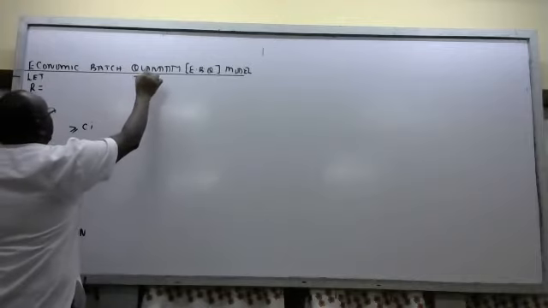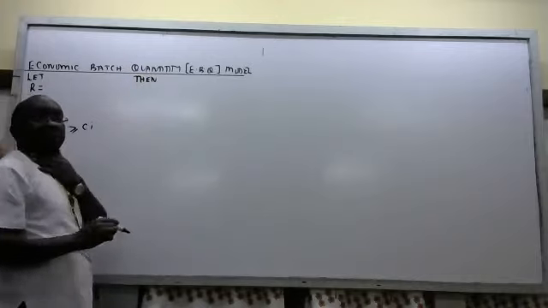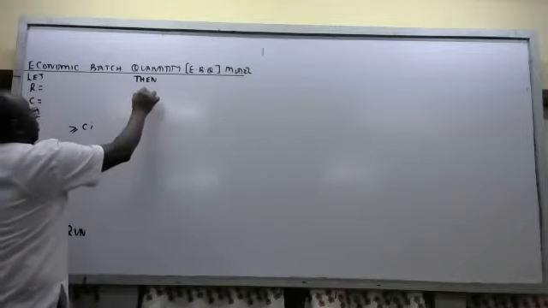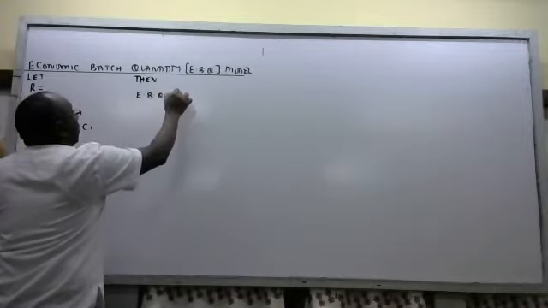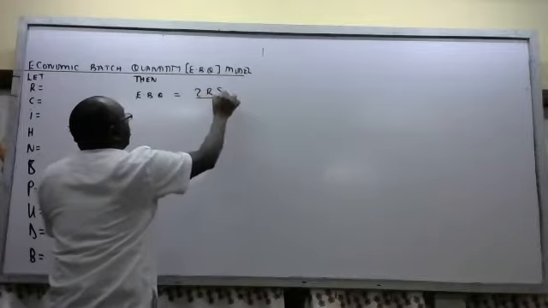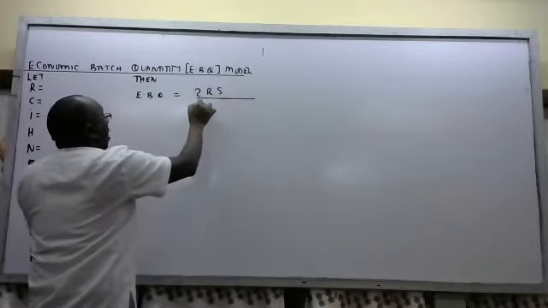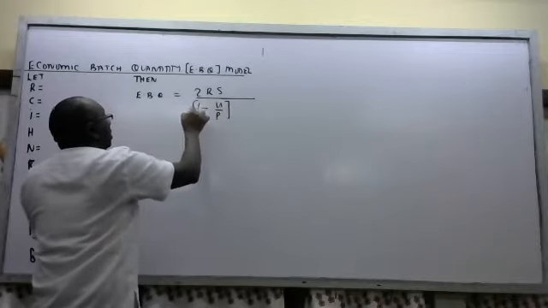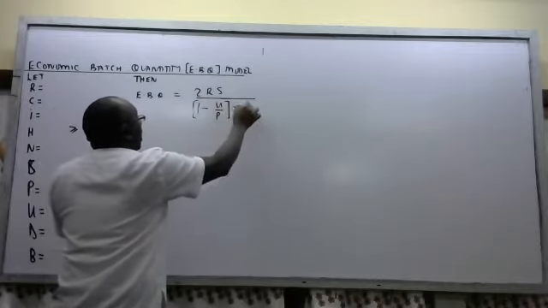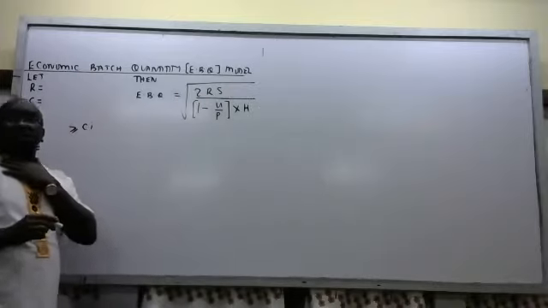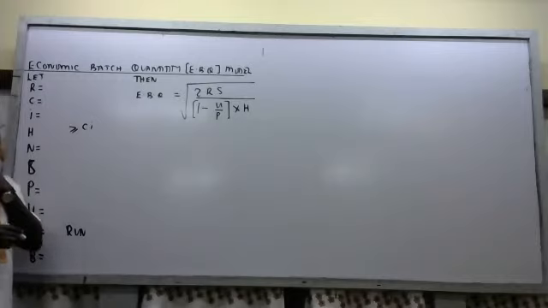Then down there you write EBQ will be equal to the square root of 2RS out of 1 minus U out of P, multiplied by H. That is how you write EBQ.